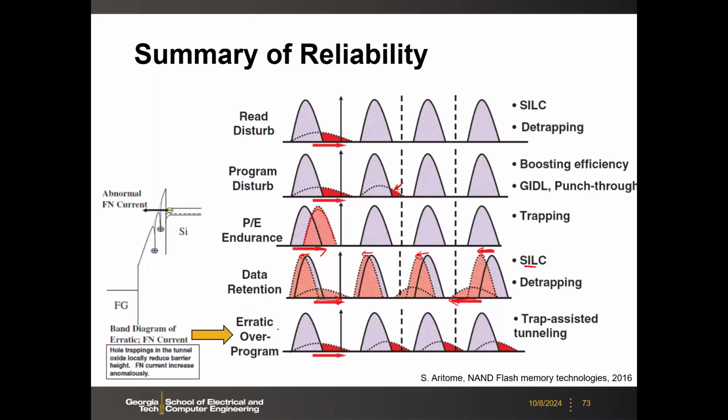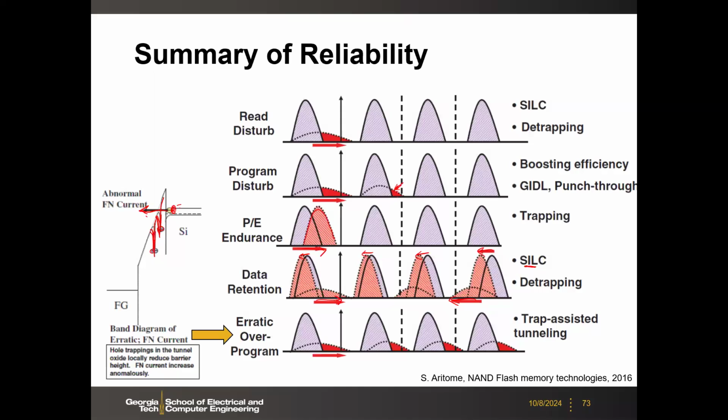So the last row is this erratic overprogramming. Sometimes, due to the positive charge trapped in the peroxide, which effectively reduces the barrier, the programming electrons could easily go through, because this positive charge bends down the band.